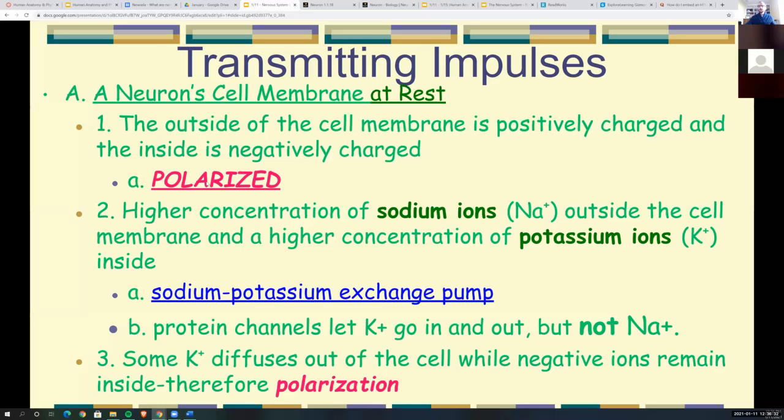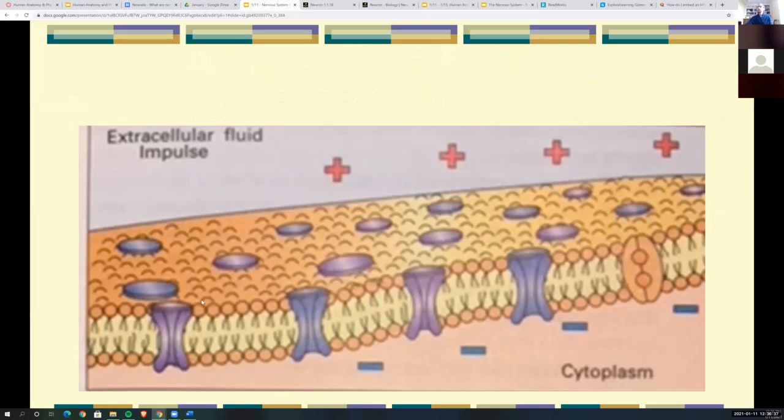Let's take a look at a few of these images so we get an idea of what I just went over in the notes. Here's a cell membrane, particularly a section of an axon cell membrane. Inside the axon is cytoplasm, and it has an overall negative charge. Remember, there's less potassium floating around inside than out here, where we have sodium plus and potassium plus ions.